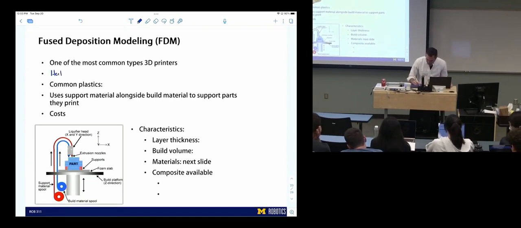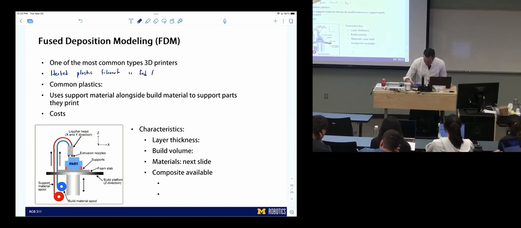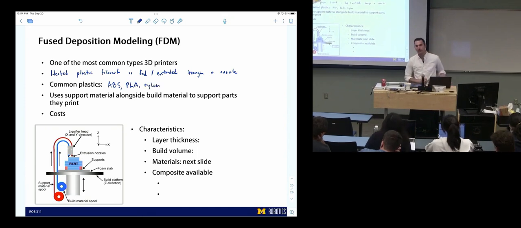Heated plastic filament is fed and extruded through a nozzle. Common plastics: ABS, PLA, nylon.